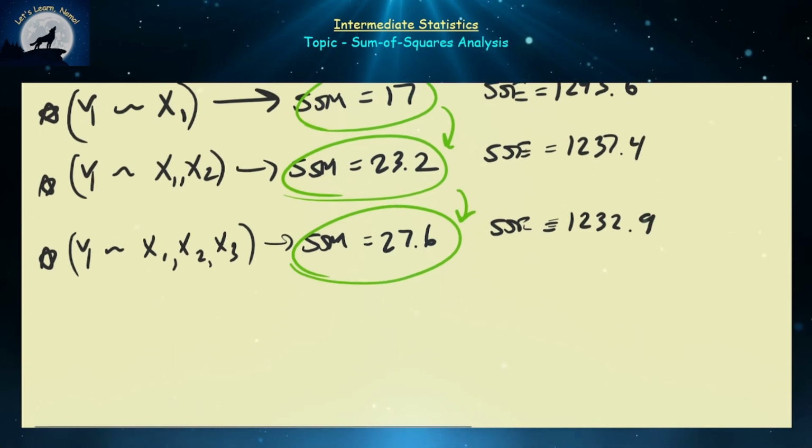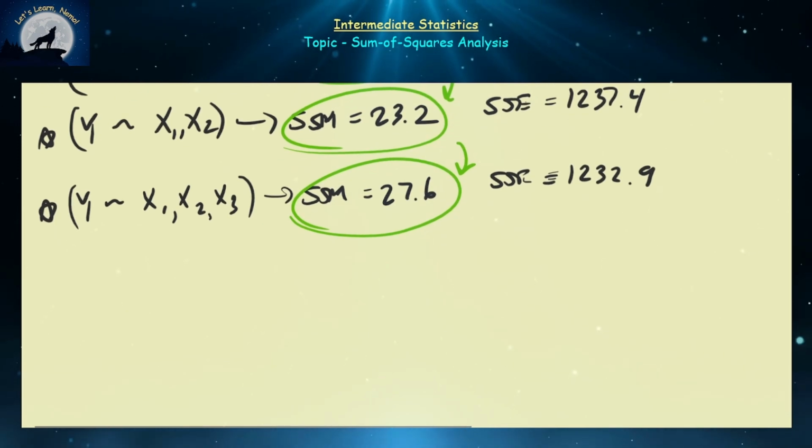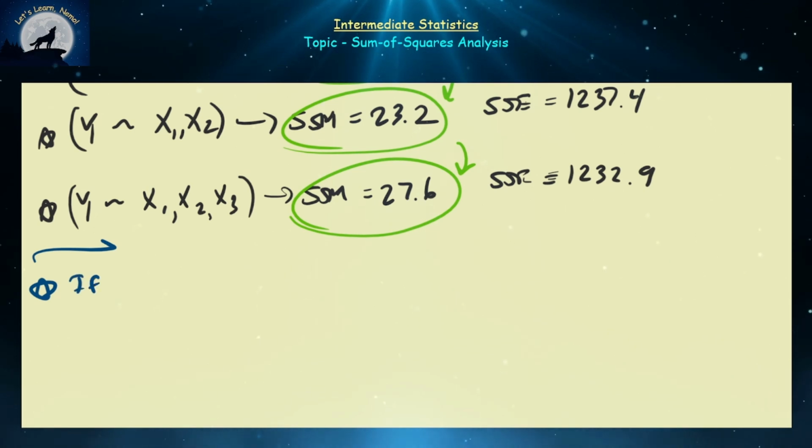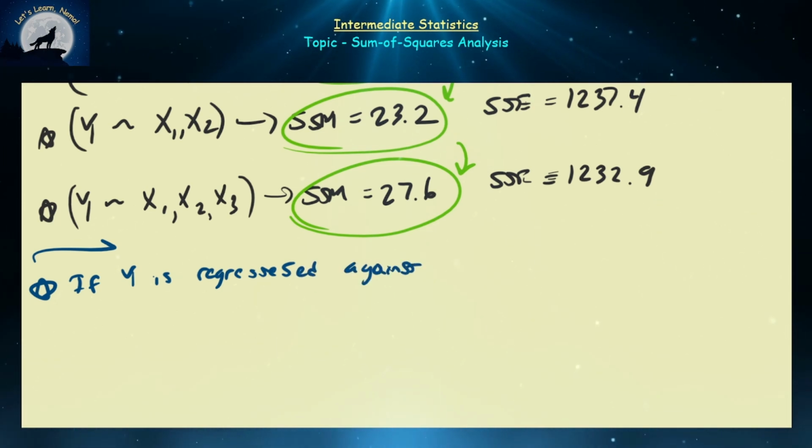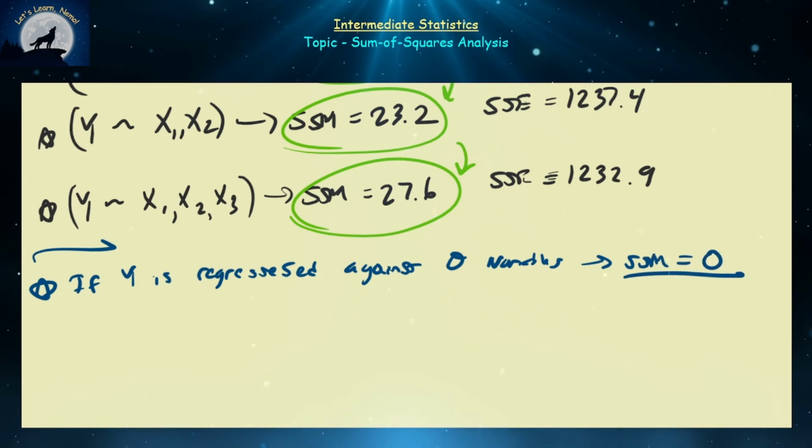Let's also assume that for the sake of our next table, if y is regressed against no variables, against 0 variables, the SSM for that case would be 0. Okay, so your SSE would be equal to your SST.